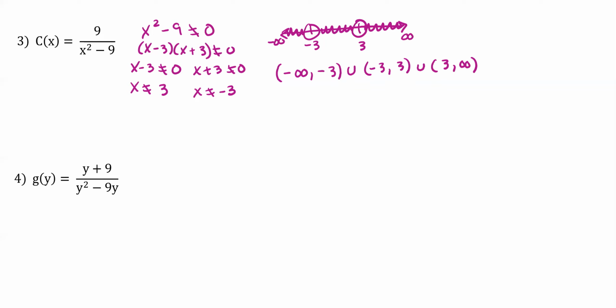Number 4, g of y is equal to y plus 9 over y squared minus 9y. The denominator cannot equal 0. We factor. Set the factors not equal to 0.